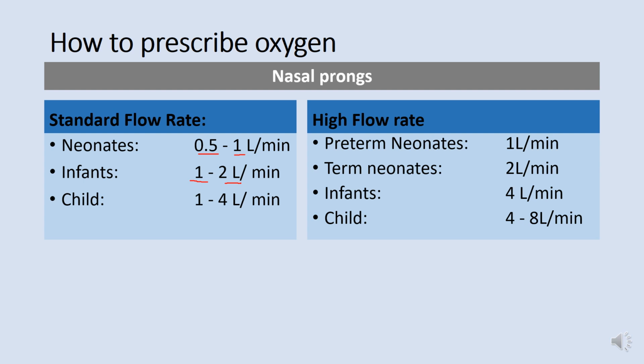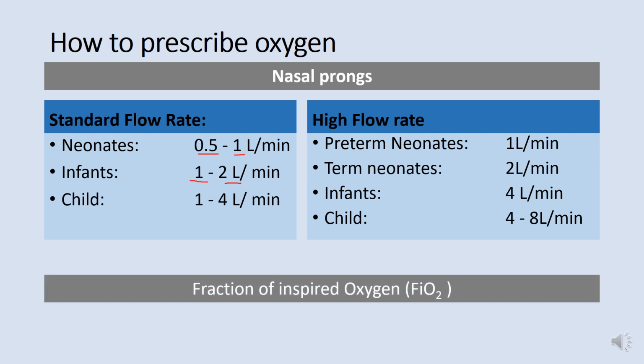So please note that when we come to the high flow rates using a nasal prong, we break down the neonate into the term and the preterm. So the term receives 2 liters per minute and the preterm receives 1 liter per minute. That delivers high flow oxygen.